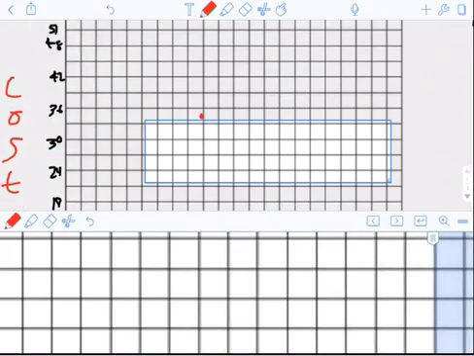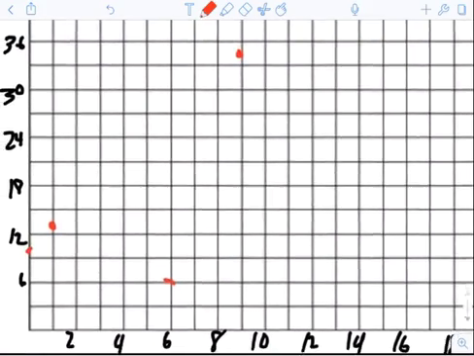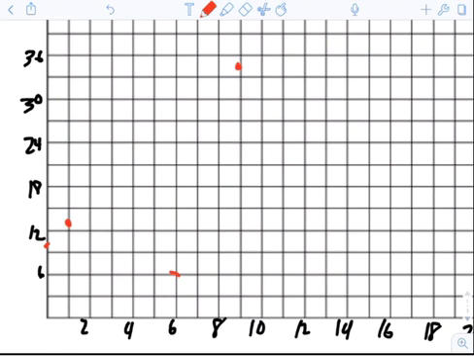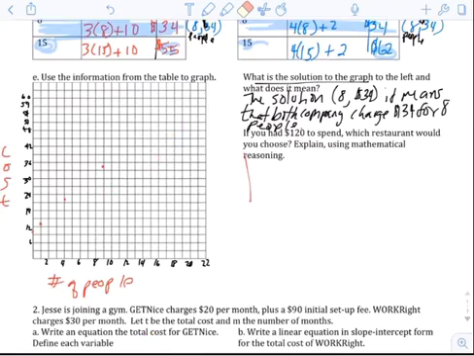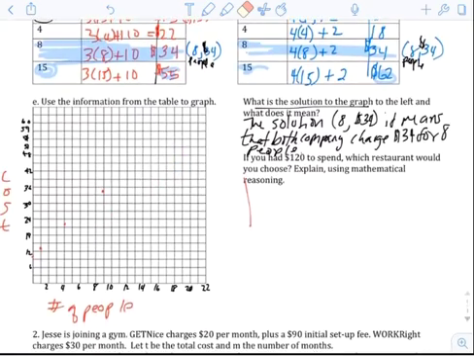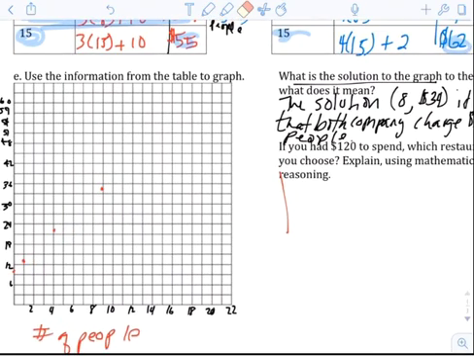Oh my gosh, why does it keep doing this? I don't understand. Okay. 8, 34. 15, 55. Right there.